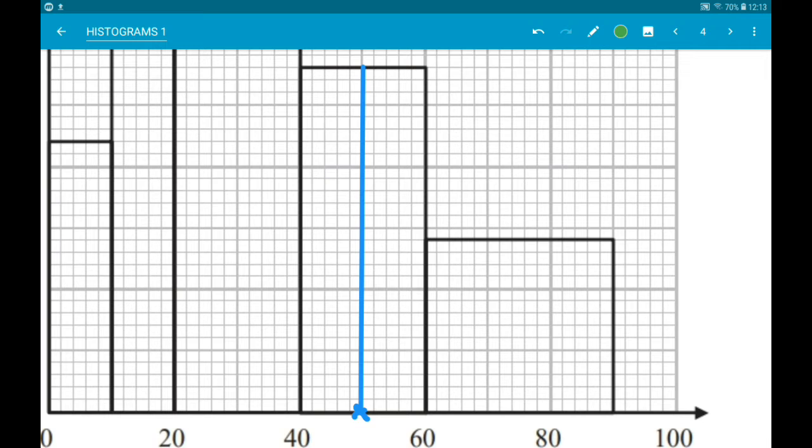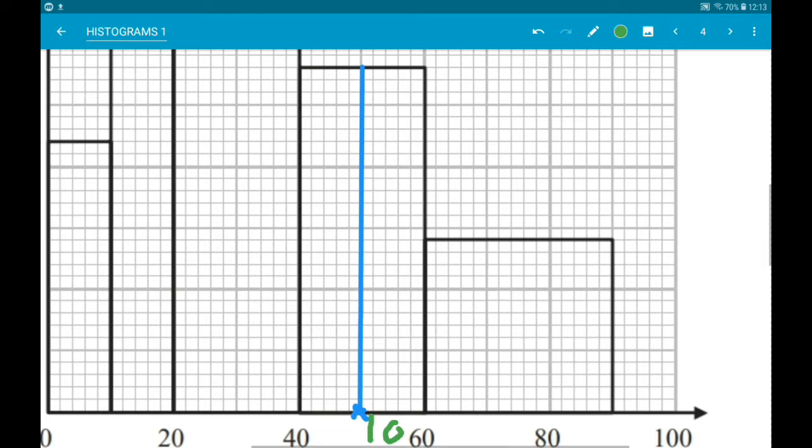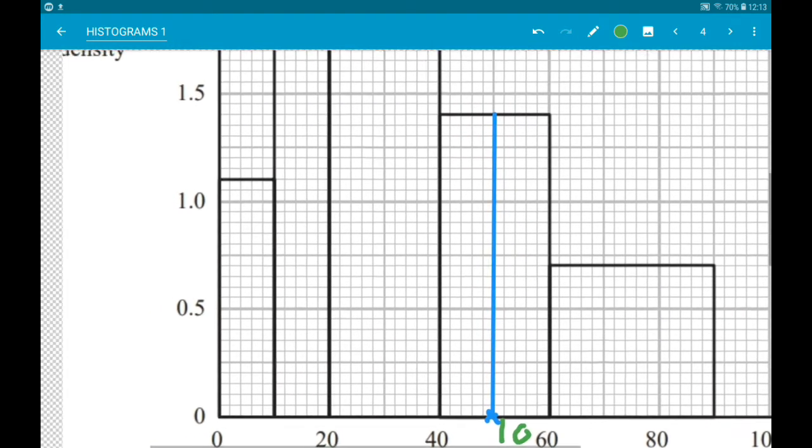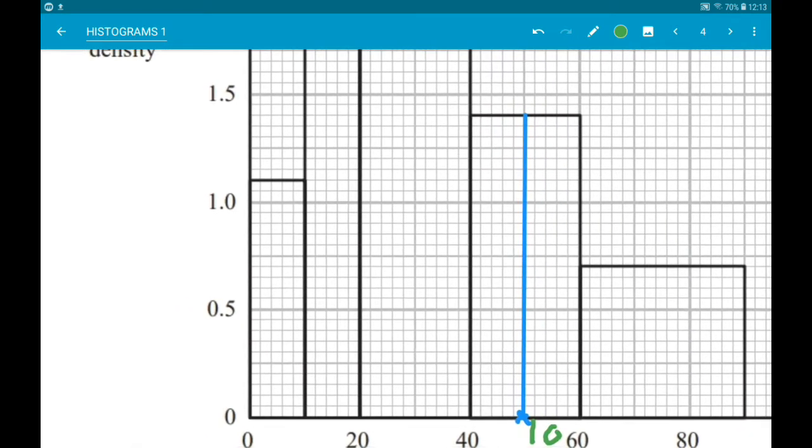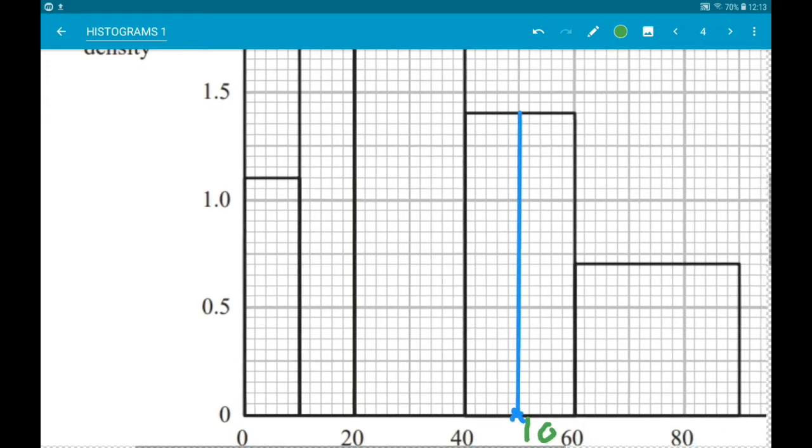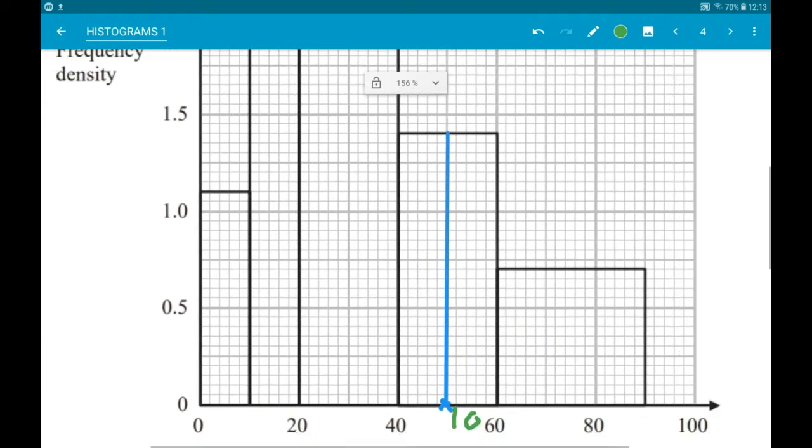So first up, between 50 and 60, we have an interval width of 10. And our frequency density, so every two little squares is 0.1, so this is 1.4.